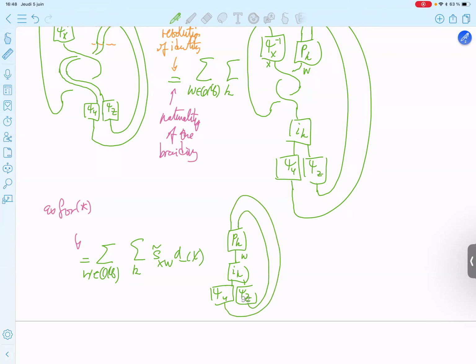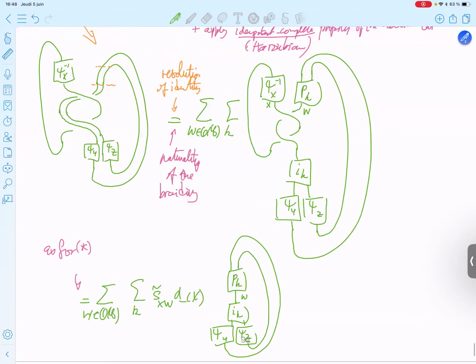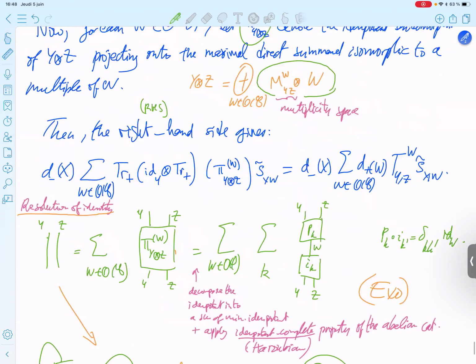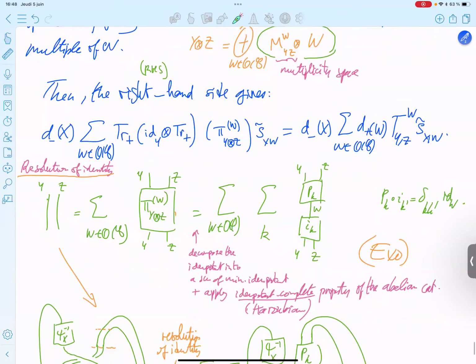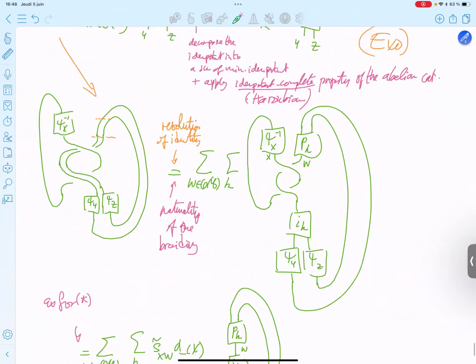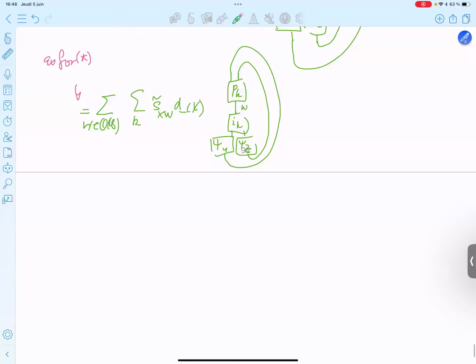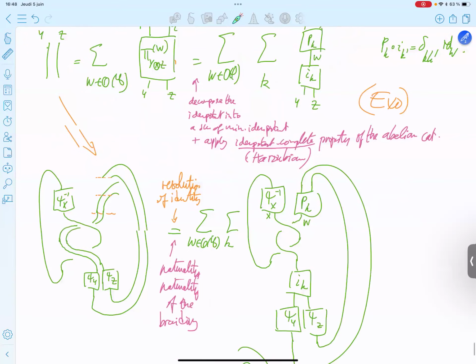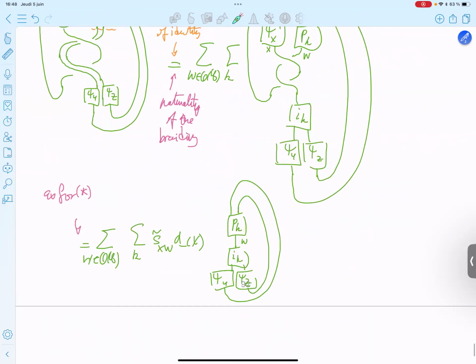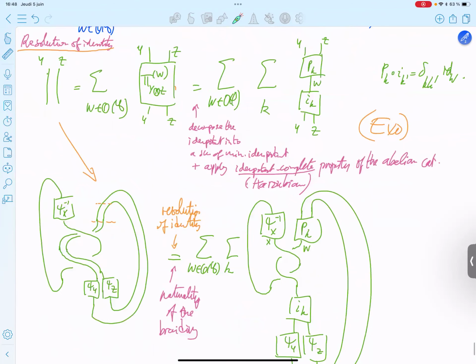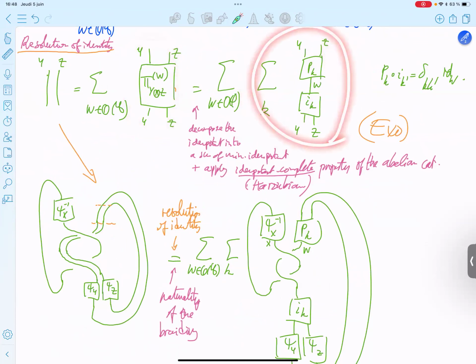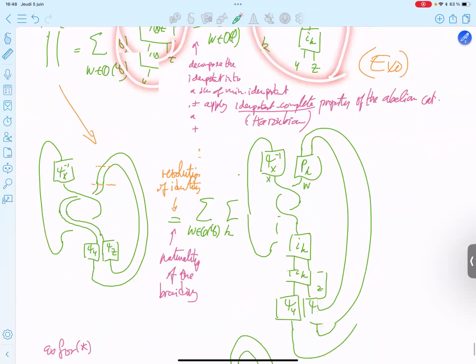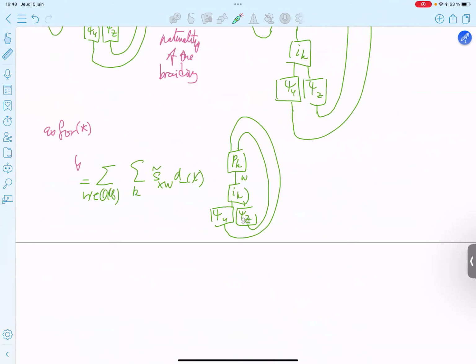But we know that this here, so where is it? Wait, no, not yet. So we know that this sum is the idempotent. So this is the sum of the minimal idempotent. So this is the big idempotent here. So you can come back.